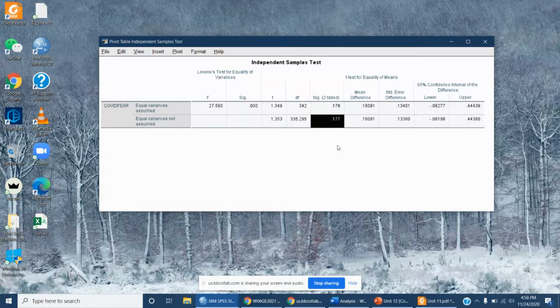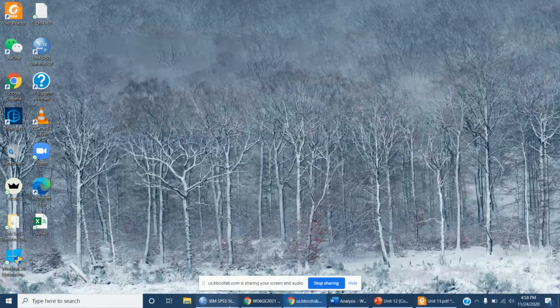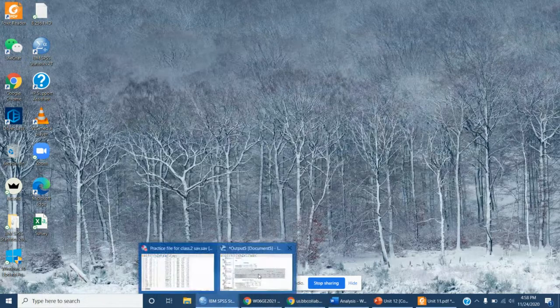This value should be smaller than 0.05, then we can say that differences in mean are significant. But now, because this value is greater than 0.05, we can say confidently that there are differences, but the differences are not significant.